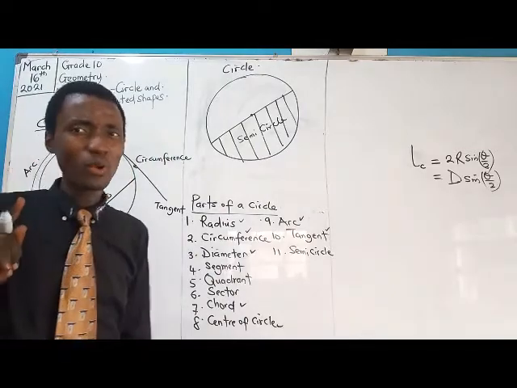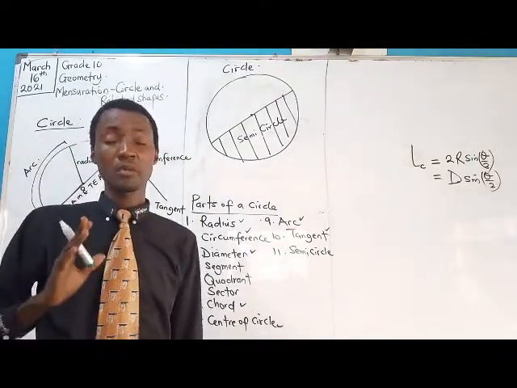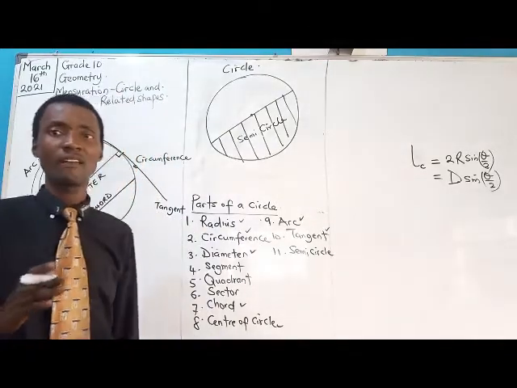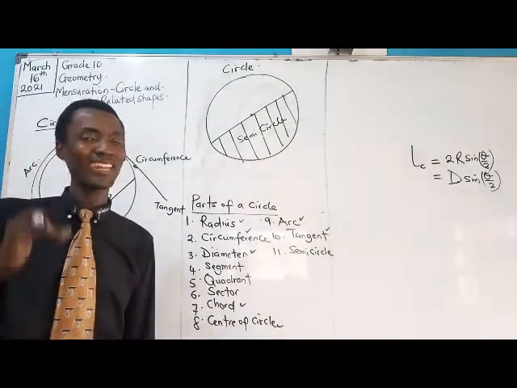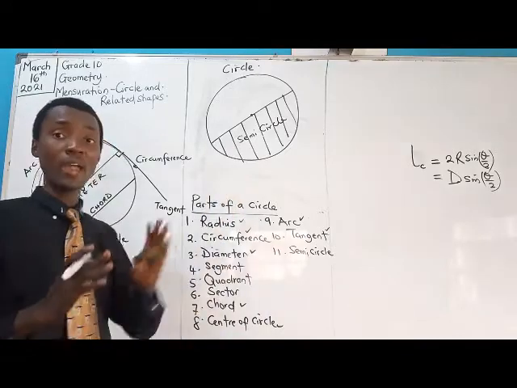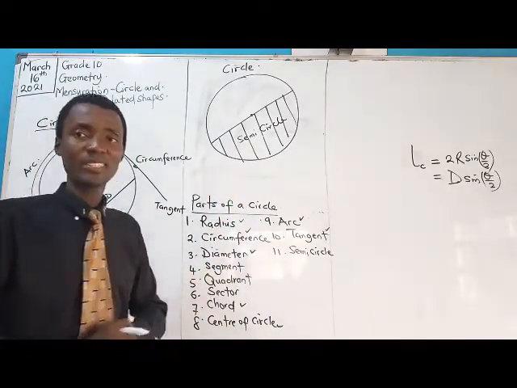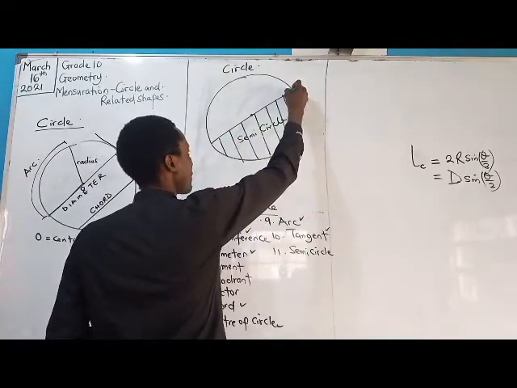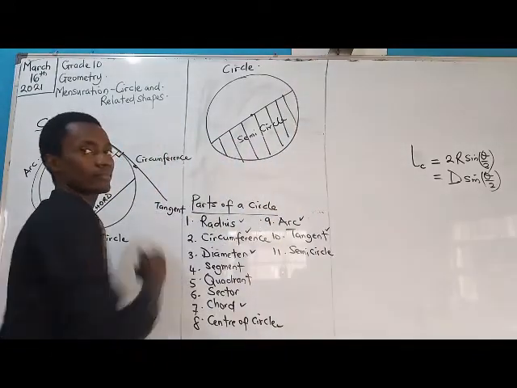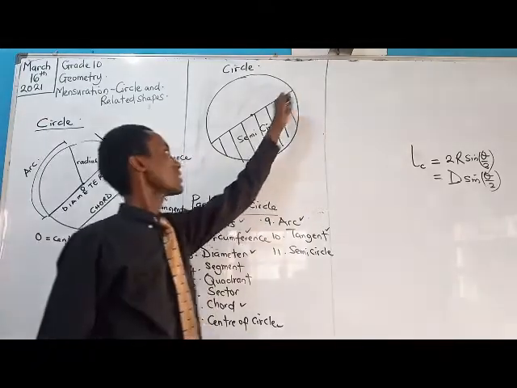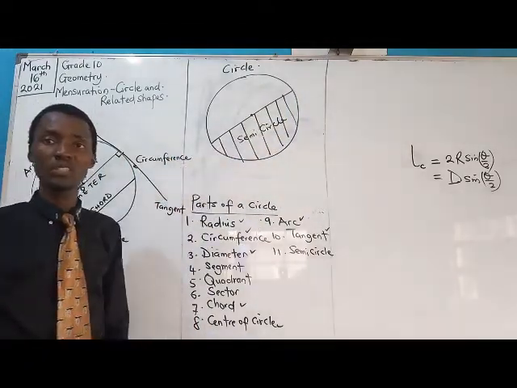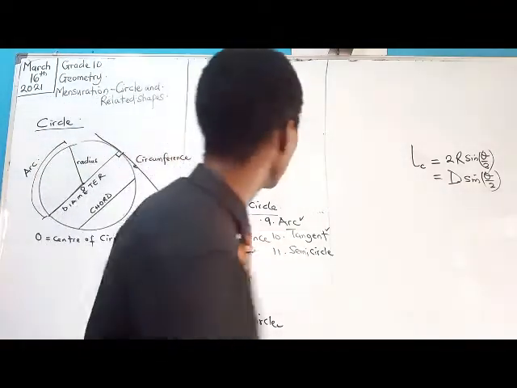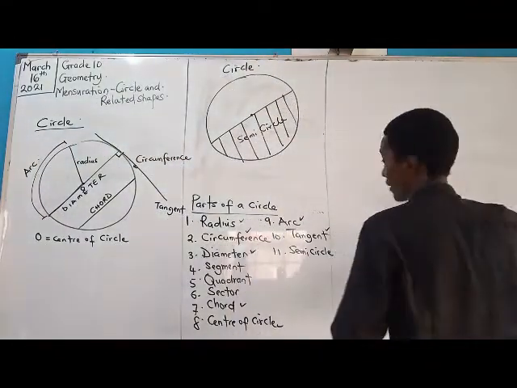The semicircle is a shape, because much later we're going to look at specific shapes that are circular in nature, and we'll be able to describe why they are. Now, why is a semicircle a shape? A semicircle is a shape bounded by what? The diameter and the arc. This is an arc. This is a diameter. So this region becomes what? The semicircle.